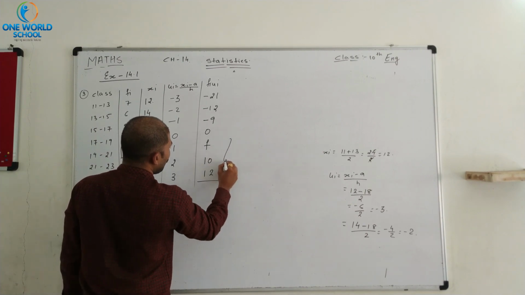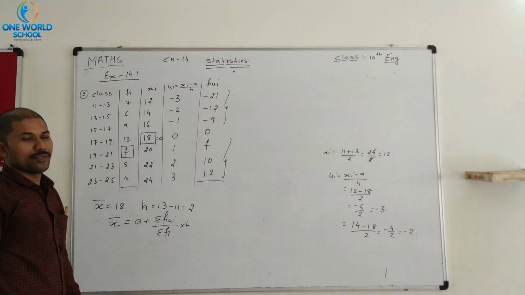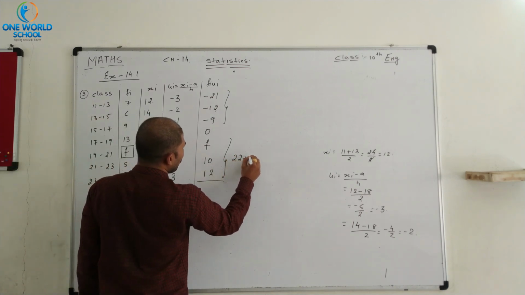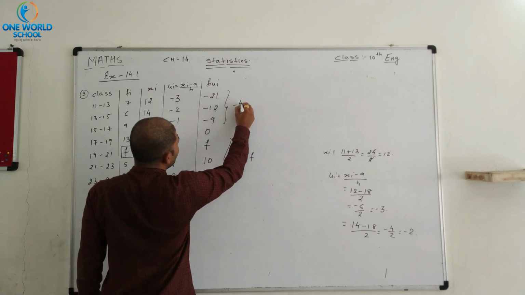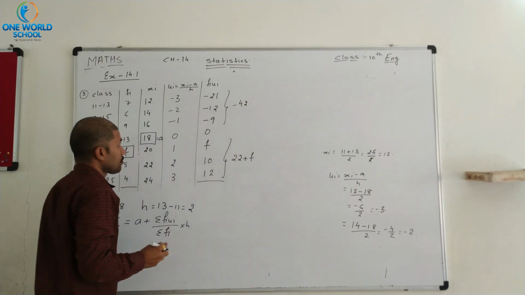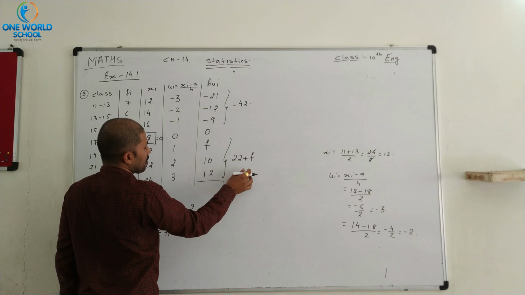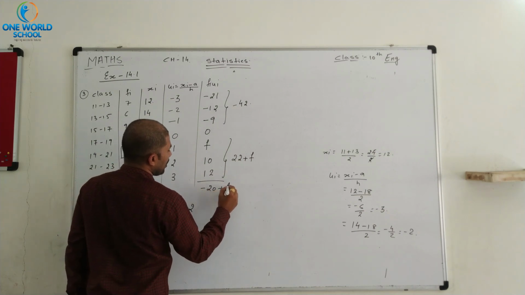Now add all the positive values and add all the negative values. So this is 22 plus 8 and this one is minus 42. Subtract, then we will get minus 20 plus f.